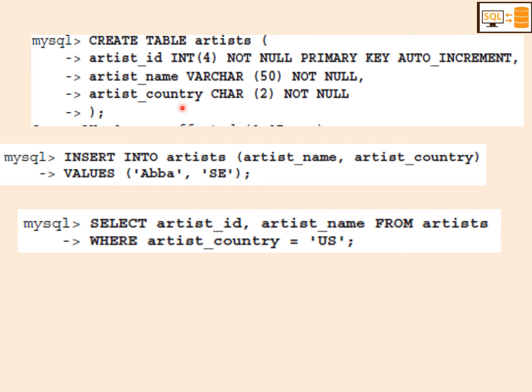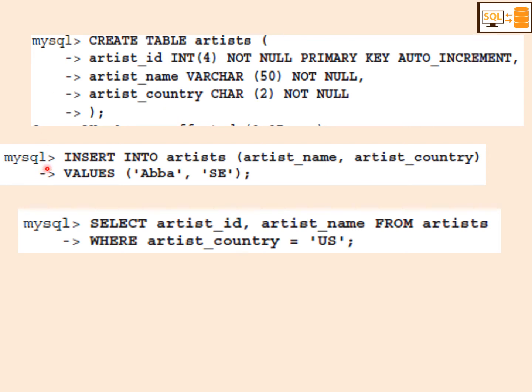The third field is the artist underscore country field, and it should be represented in 2 characters, and here also a value is a must because it is a not null field. After executing this statement, a table is created. The name of the table is artist, with columns artist ID, artist name, and artist country.